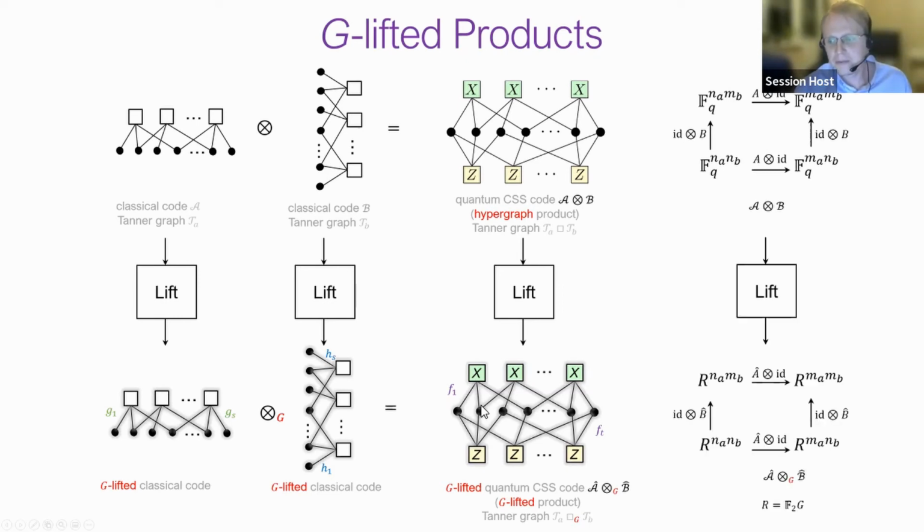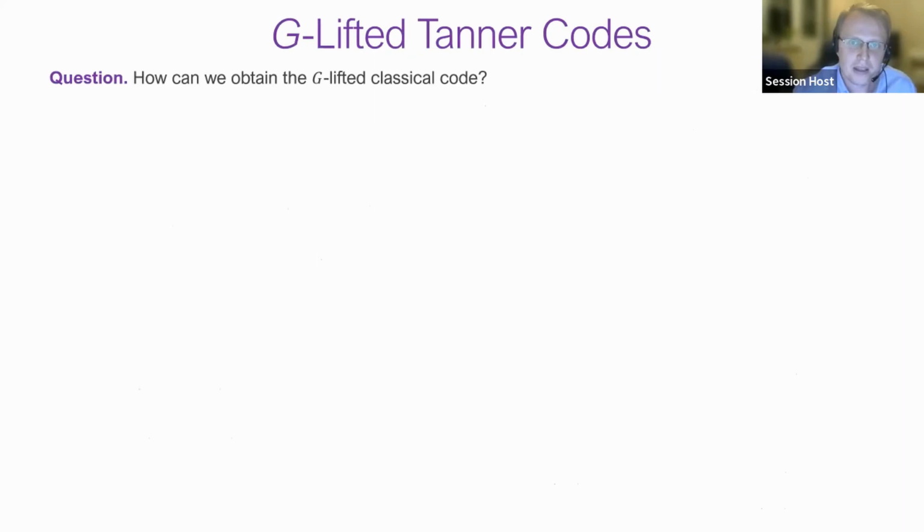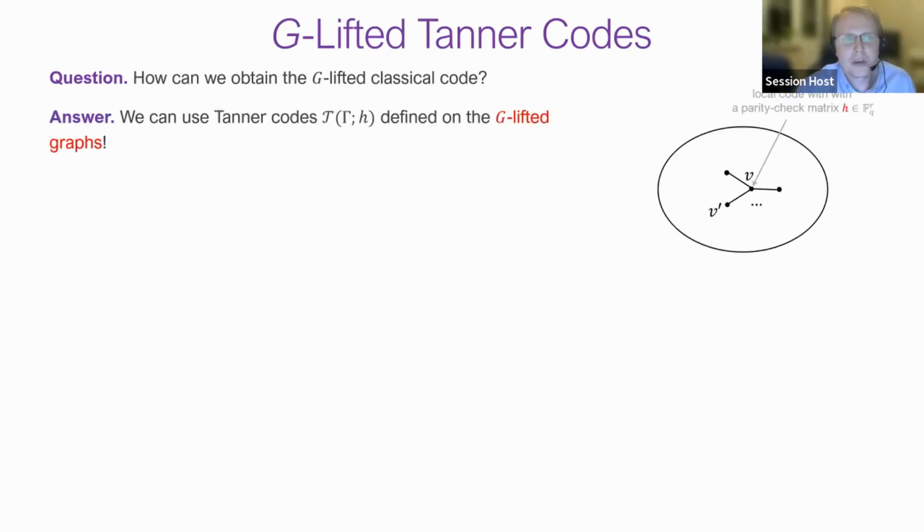Okay, and you can also describe it in algebraic terms. So we have a question: how can we obtain the G-lifted classical code? In our paper, we propose to use Tanner codes, which are codes defined on graphs.